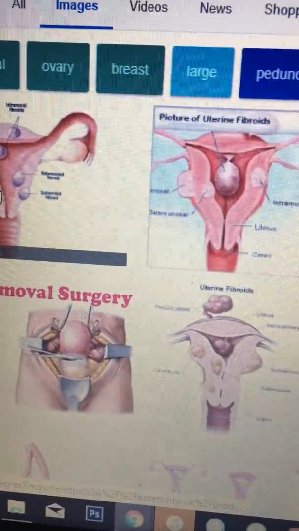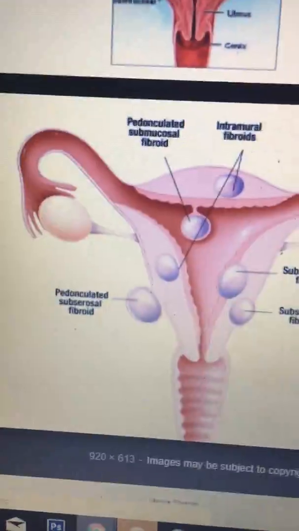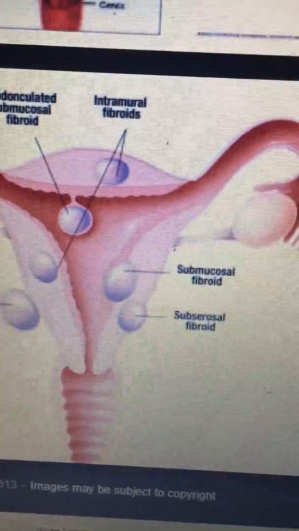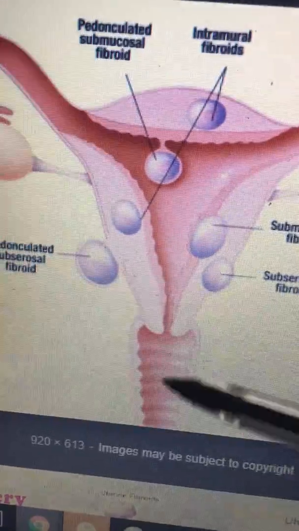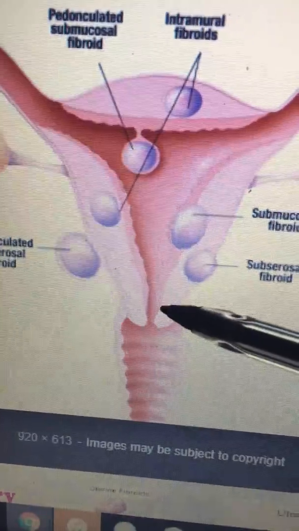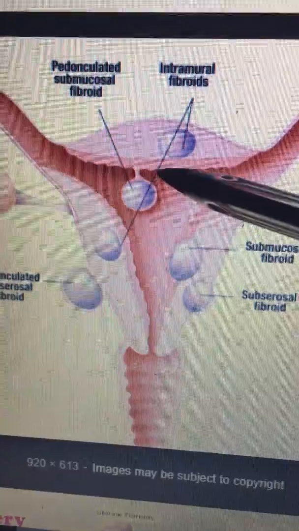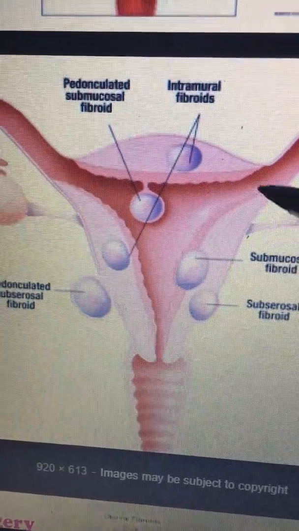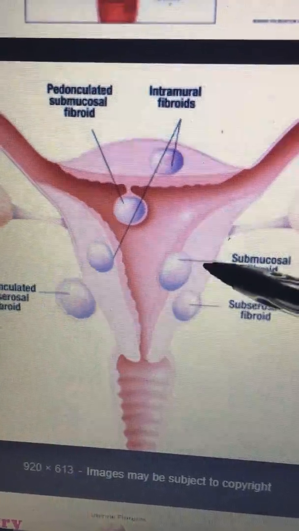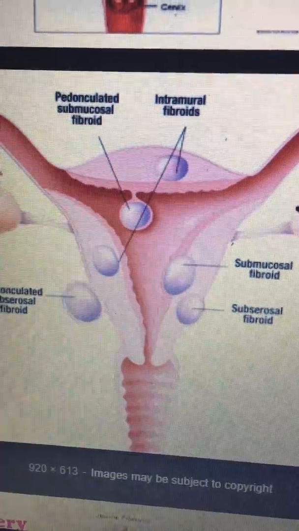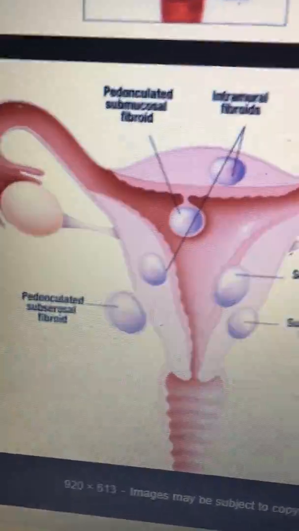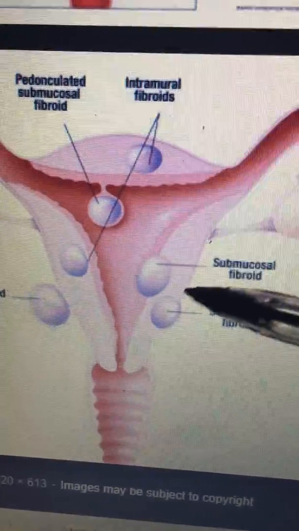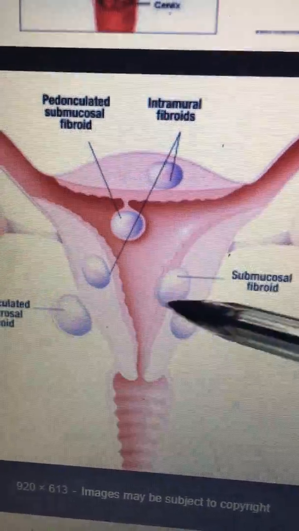Okay, so these are what fibroids are. You get like a growth, and they can be in a number of places. So the best place to have them is probably... I thought there might be an image that shows a better one, but there isn't. So you can have greater than 50% of the fibroid inside this area.